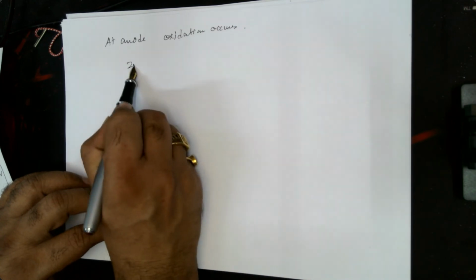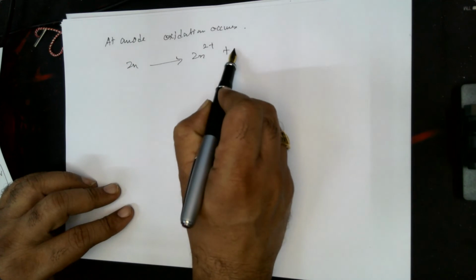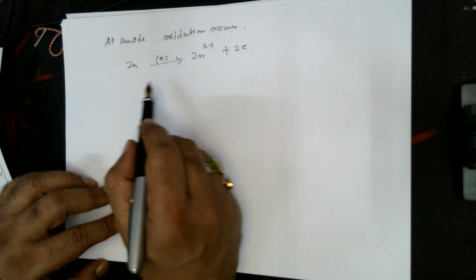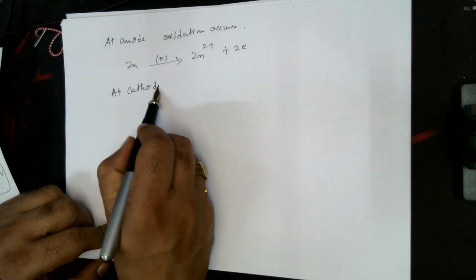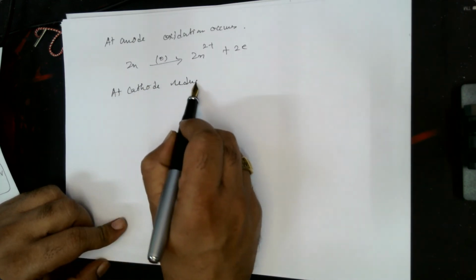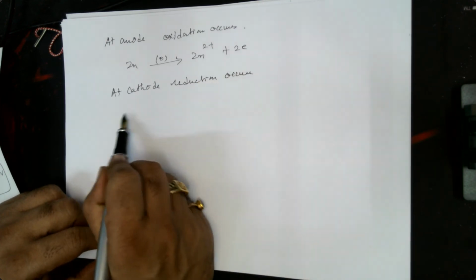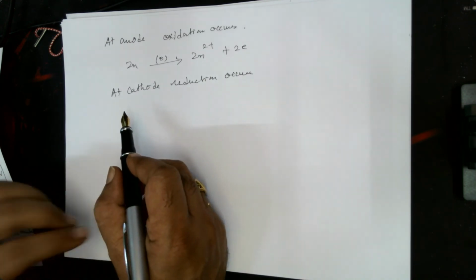Therefore, Zn becomes Zn 2 plus plus 2e, removal of electrons. At the cathode, reduction occurs. So in that case, what about copper? We have taken hydrogen, sorry.